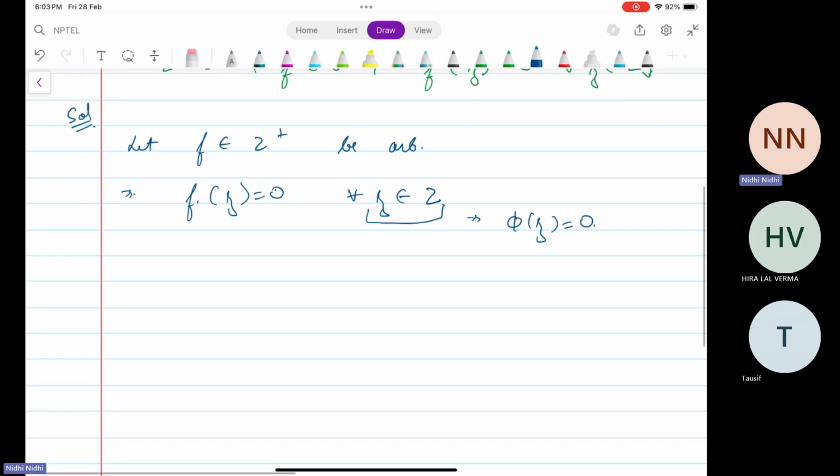Therefore, we can say that for every f in Z perpendicular, f of x is 0 whenever phi x is 0.